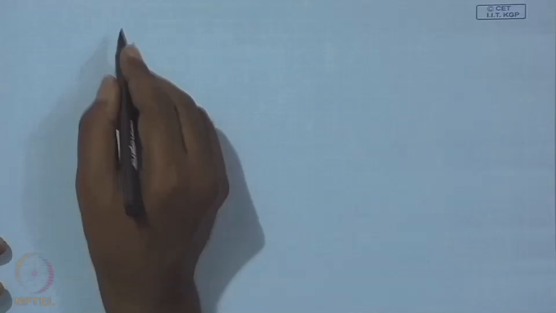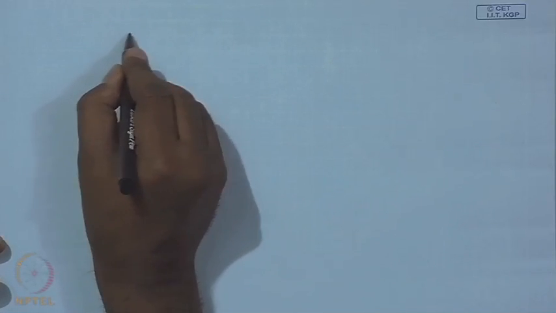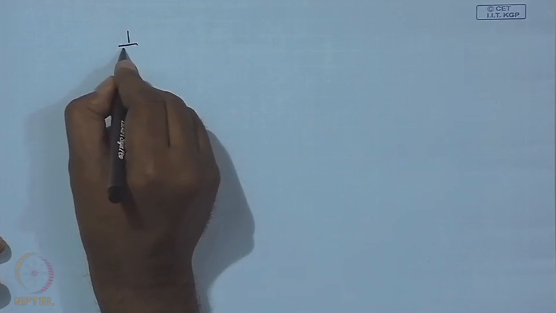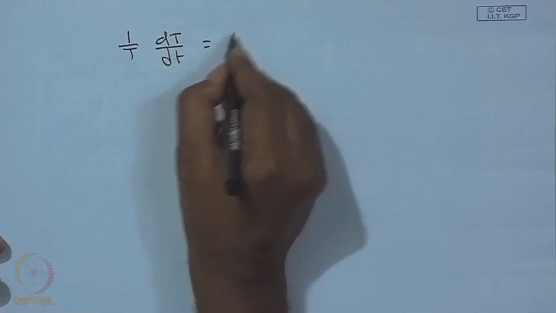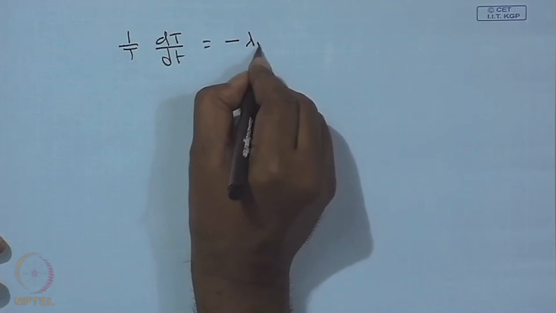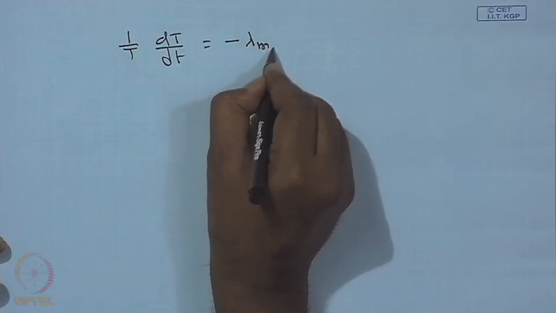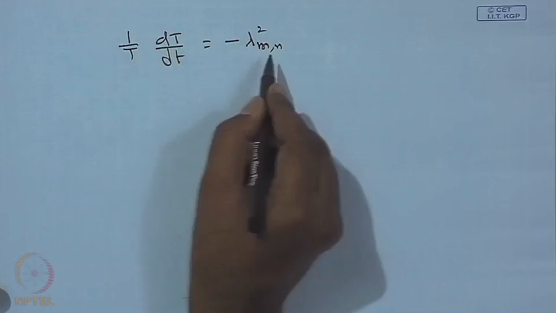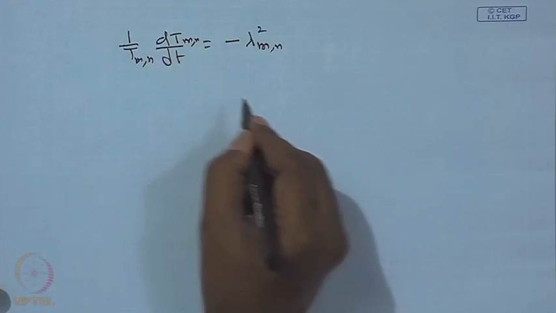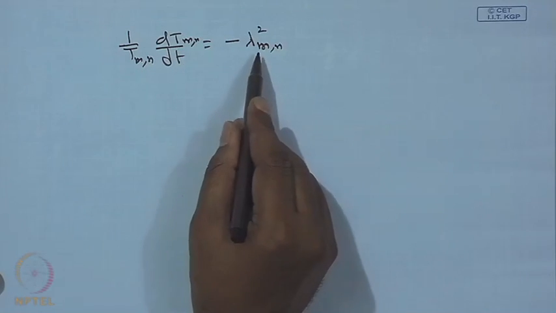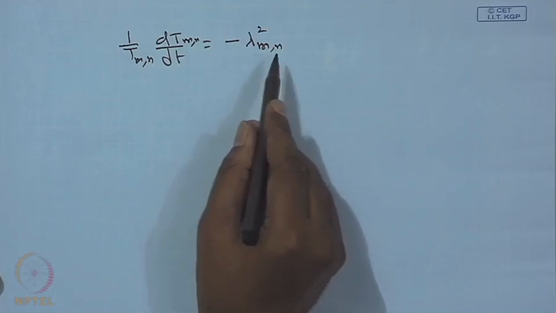If you look into the time varying part, it will be 1 over T dT dt is equal to minus lambda mn square. We write it correspondingly with T mn as a subscript to indicate that it corresponds to a particular lambda mn value.